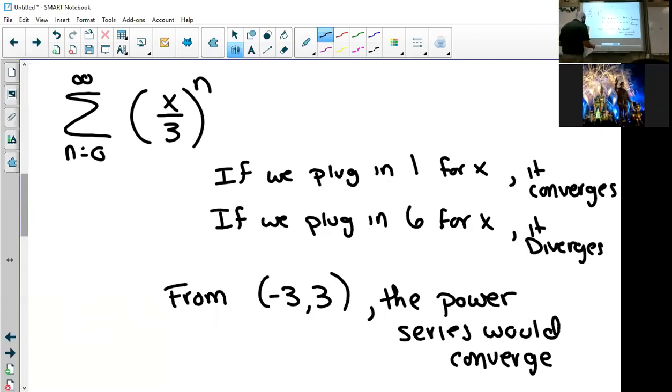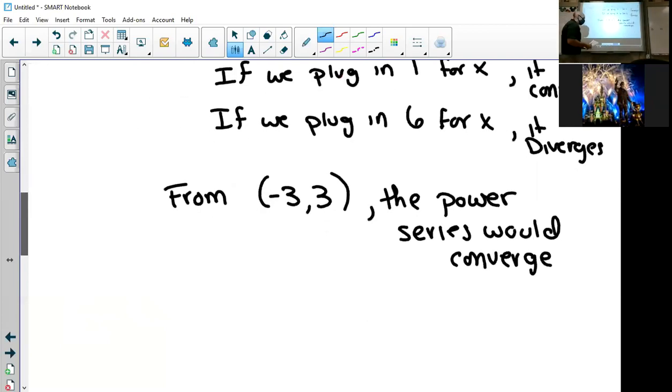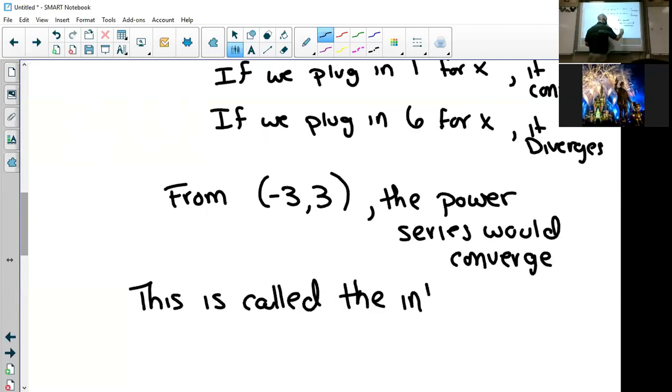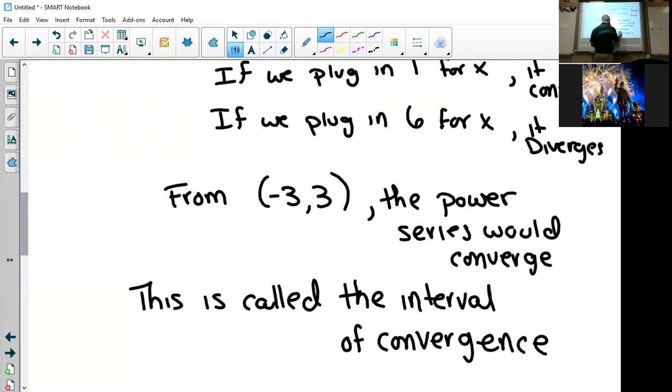This becomes a really big component of what we're going to try to find. This -3 to 3 is called the interval of convergence. This is all the values that, if you were to plug in for x, this particular power series would converge.